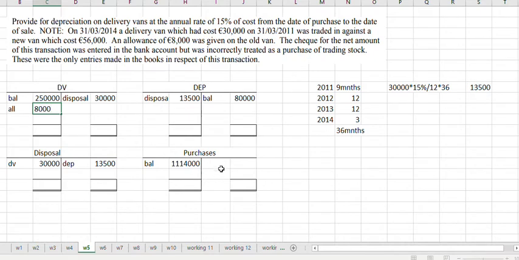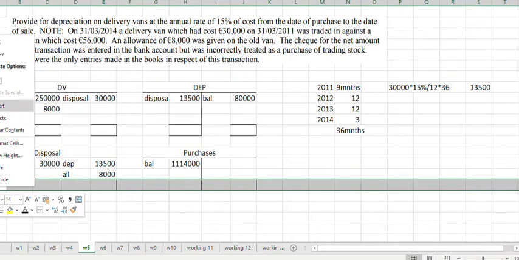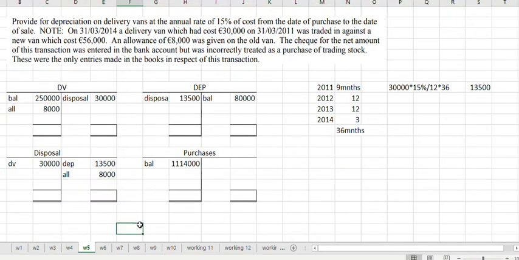So we debit delivery vans and we credit the disposal account 8,000.